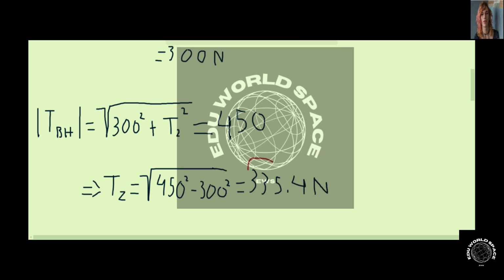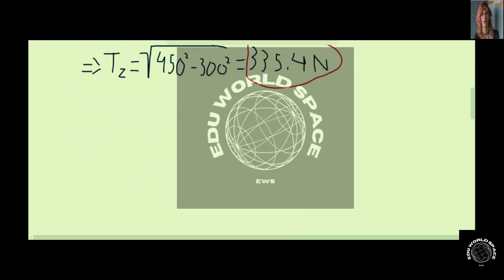And since we've calculated this value, we can use that in the following equation. So the moment on the AD rod is equal to the perpendicular force component times our length d, which is what we're trying to solve for. So we know T2, and we also know the moment.